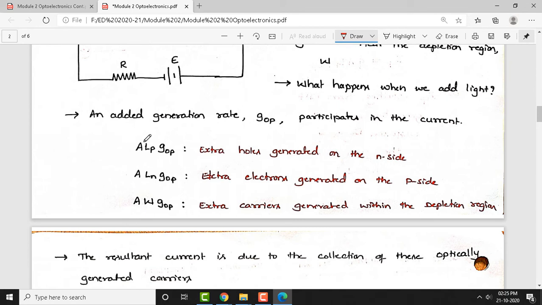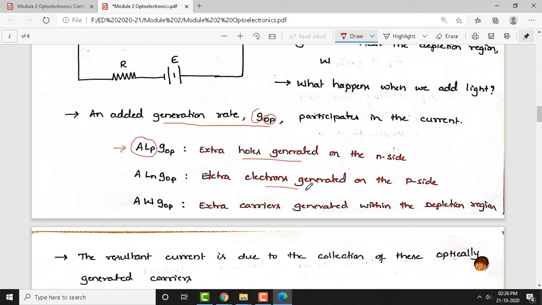So, GOP, we already said, is the optical generation rate. G stands for generation, OP stands for optical, and these are the three things which participate in the current flow. A L_p G_OP: A stands for area of cross section, L_p is the diffusion length for holes. So, on the N side the holes generated is given by A times L_p times G_OP.